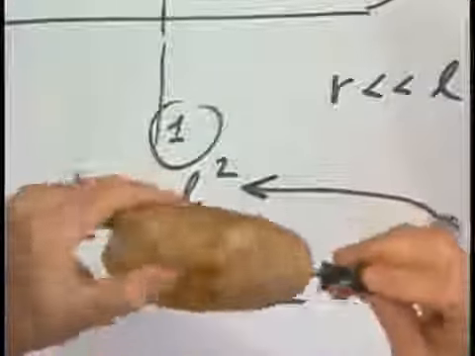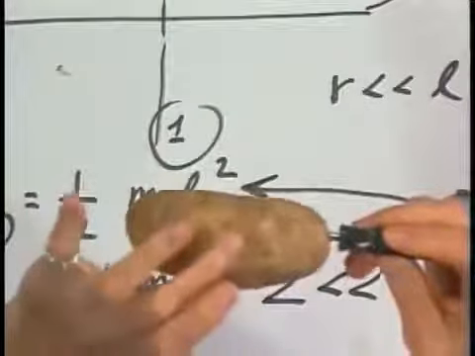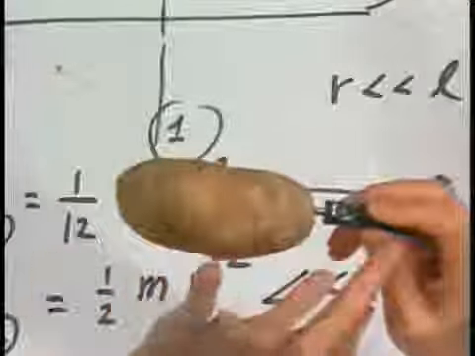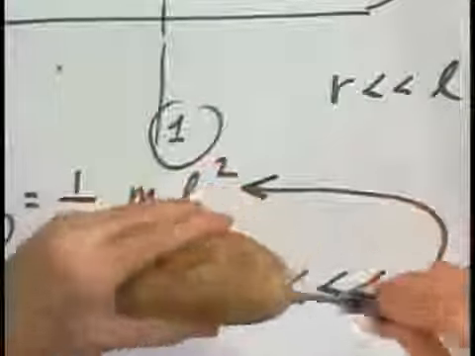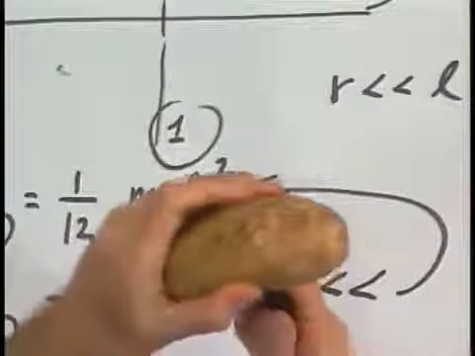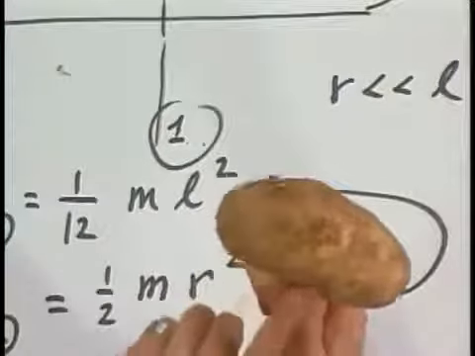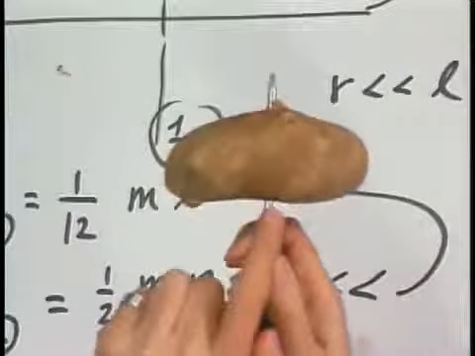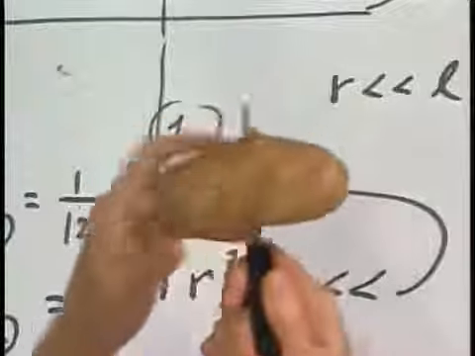Because on average, the amount of matter is at a smaller distance to this axis than it is to this axis. And of course, distance is very important because the distance comes in as r squared.